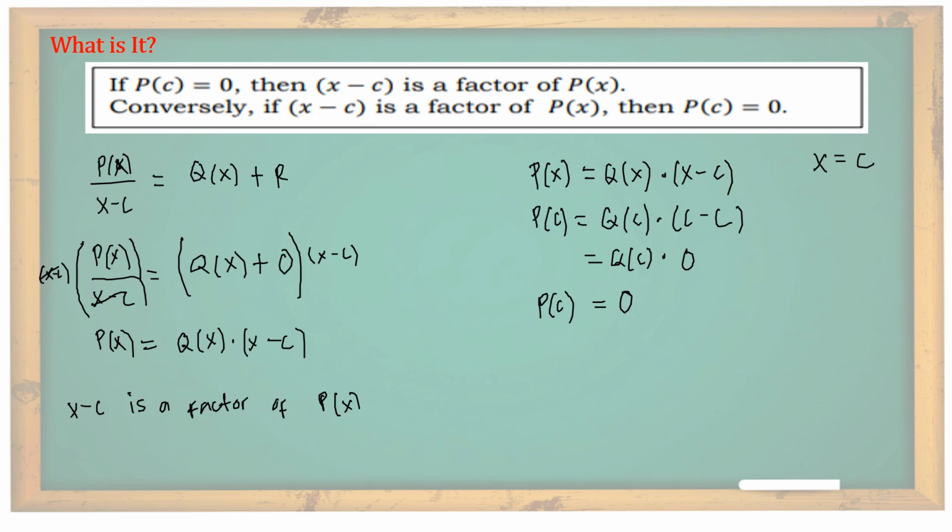Dahil ang value ng ating P of c ay 0. So kapag ito ay naging 0, ibig sabihin si x minus c ay factor ni P of x. I hope na-gets niyo yung ating proof dito.